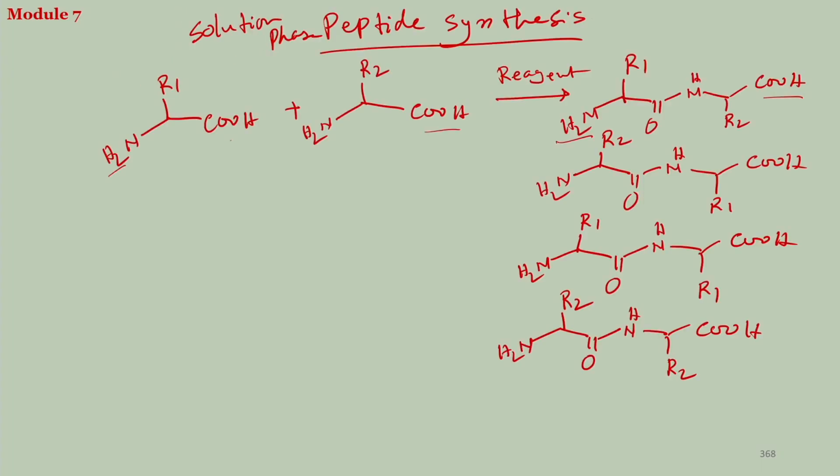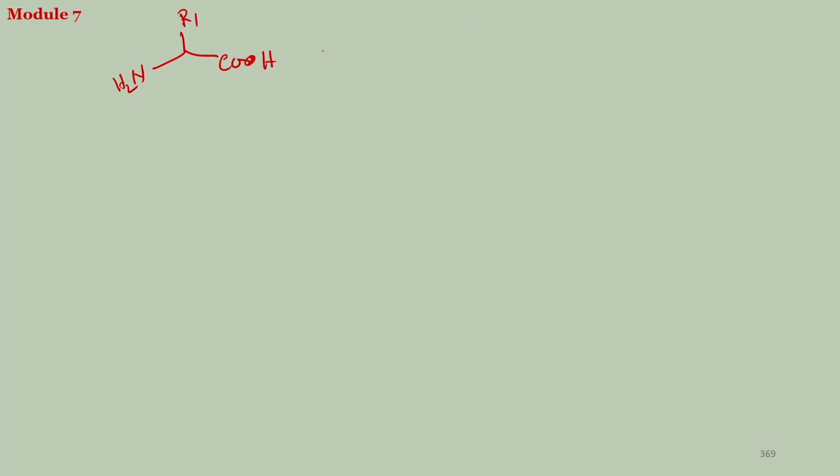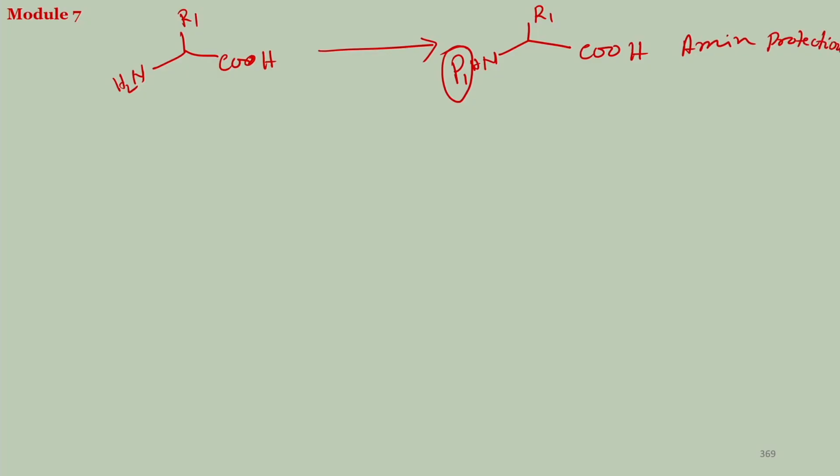This is our desired product. Therefore, what you have to do is keep the acid group free and protect the amine. I am terming it as P1. So, this is amine protection, that you have to do for the first amino acid.